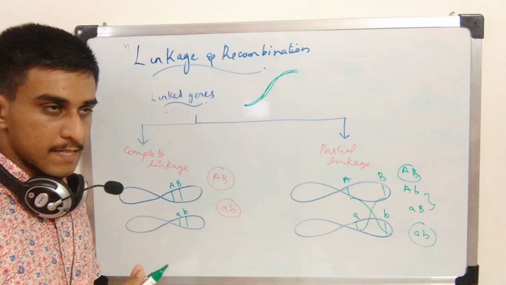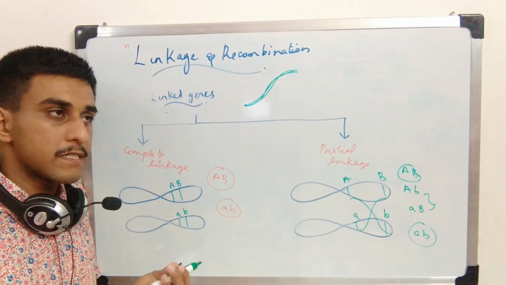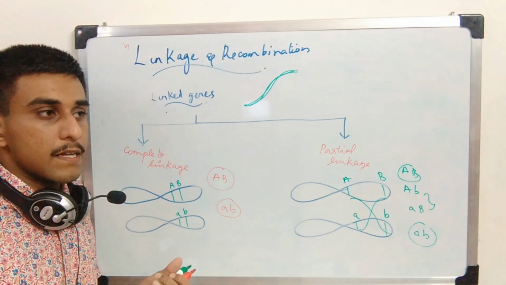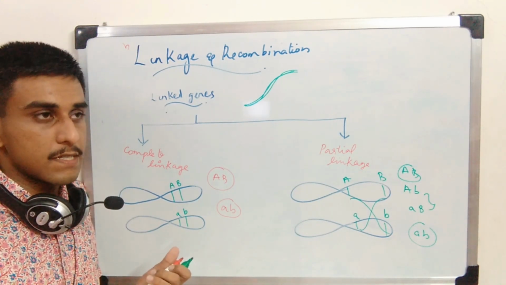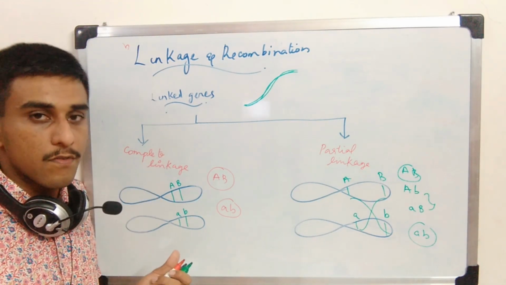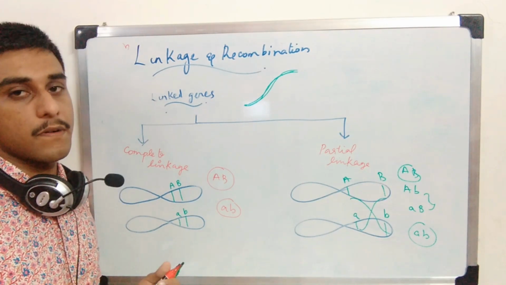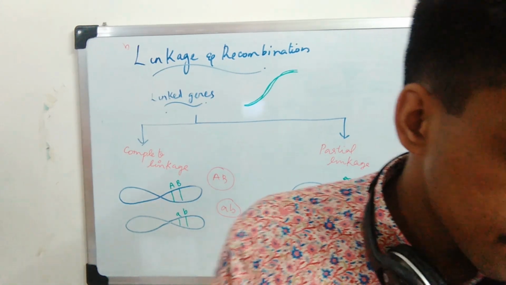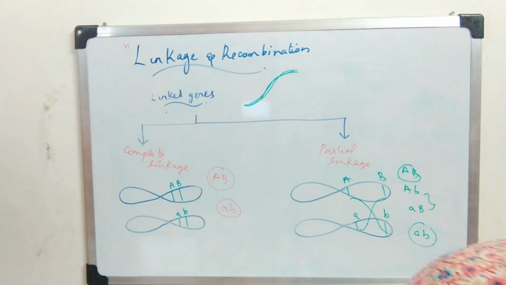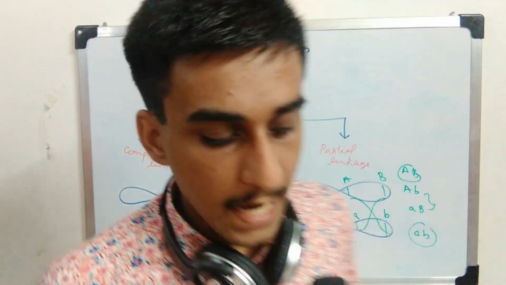So we can say that if the distance between two genes is very high, there is a higher chance of formation of recombinant gametes. Okay. I also mentioned that crossing over is a random process.